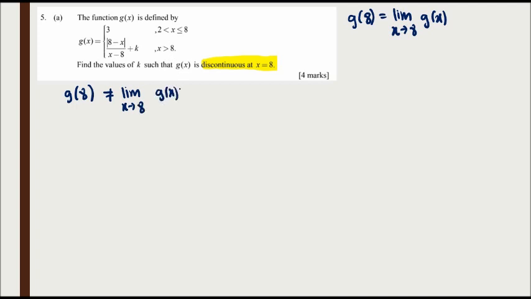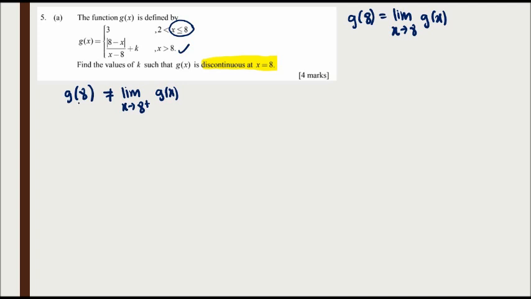In this case we only have two different parts. So g of 8 is also the same value as x approaching 8 from the left. For the right hand side, we take x approaching 8 from the right, so that we can use the second part of g(x).